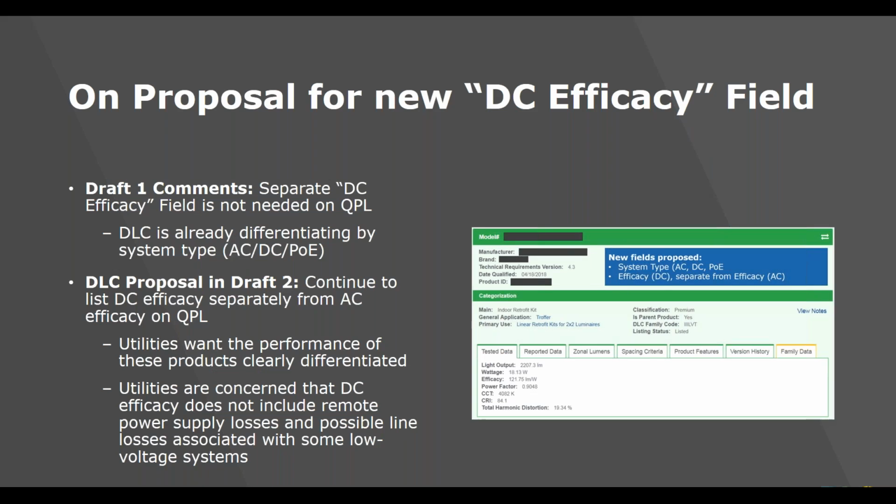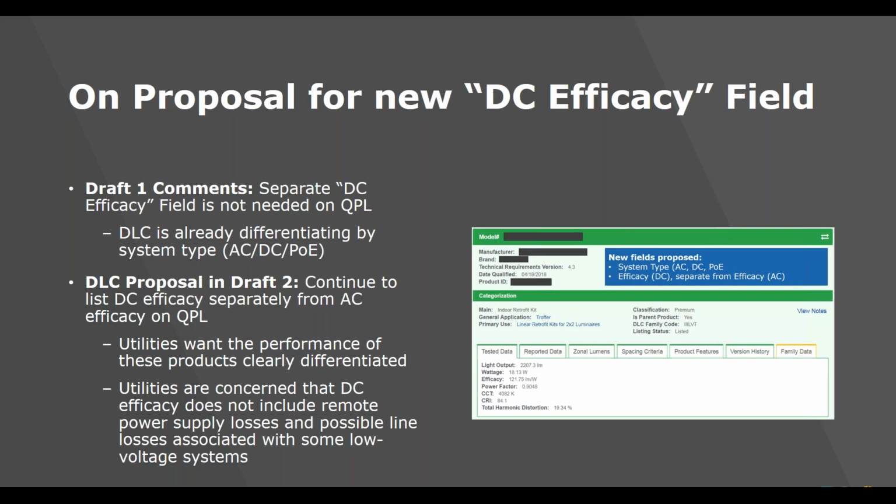The second topic I'd like to discuss is how we're proposing to list these products on the QPL. DLC had proposed 2 new fields to be added to the QPL to differentiate DC products from AC products. You can see those in the blue rectangle in the graphic on the right.